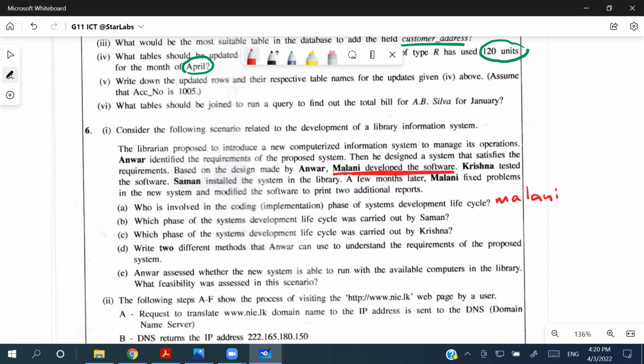And in part B, it asking which phase of the system development lifecycle was carried out by Saman. So Saman installed the system in the library. Installing the system in the library means deployment. Sometimes it says implementation as well, right?